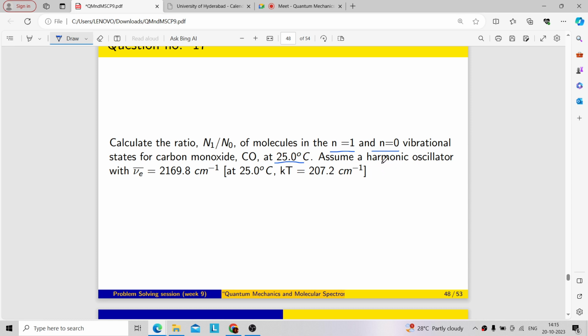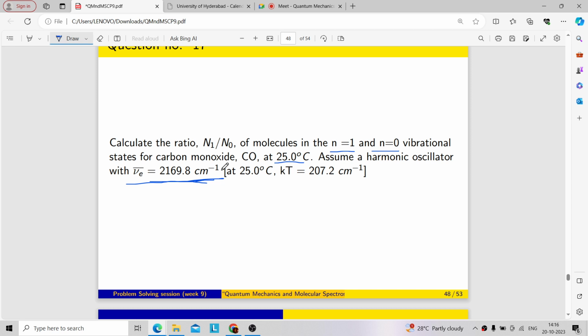Assume harmonic oscillation with frequency or wave number this much. In the previous question the motion was rotational motion, and in this question the motion is vibrational motion.